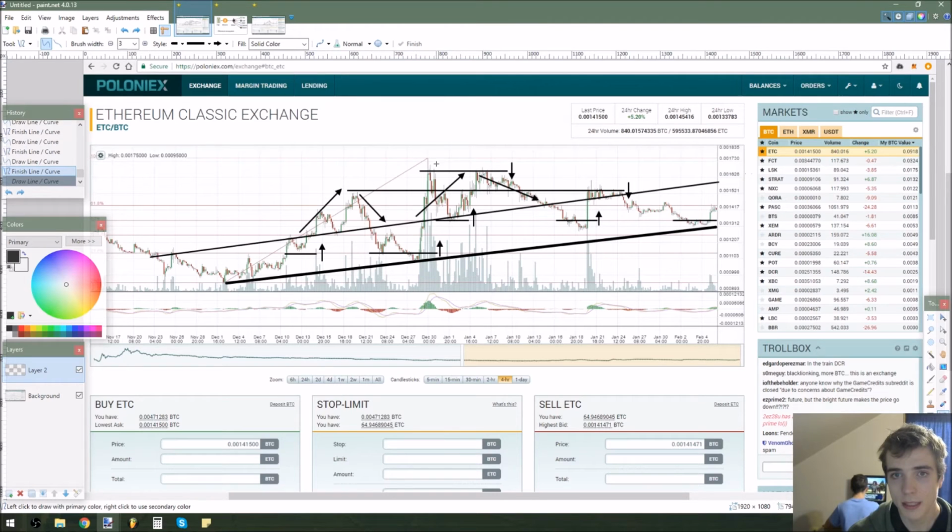So here's our two resistance areas, these two, and it hasn't gone above those resistance levels, so it's just been doing pretty standard hyperinflation out of there. But it's just been staying in this range really, really well.